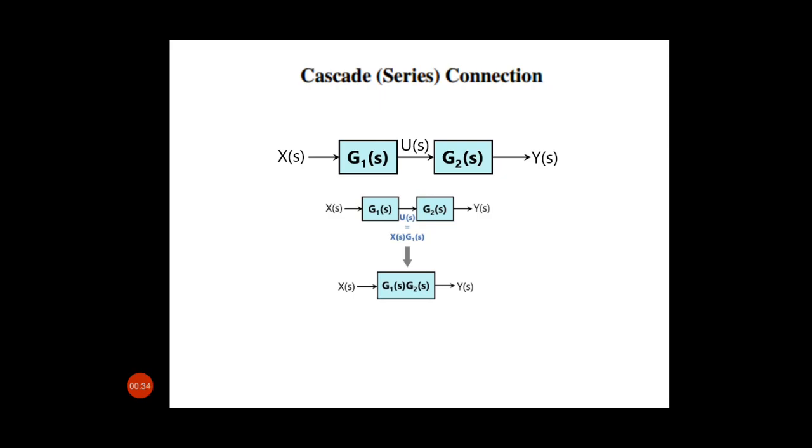The first rule is if blocks are connected in series. See the diagram. When two blocks in a block diagram are connected in series, there is no need to consider them as individual blocks.